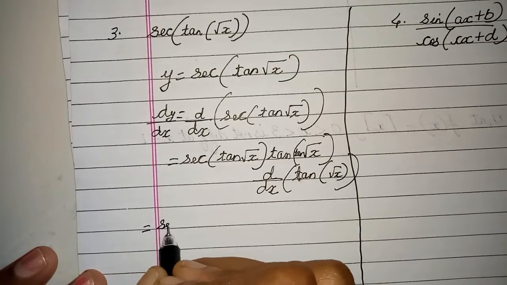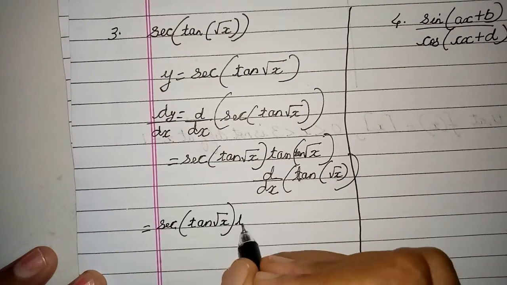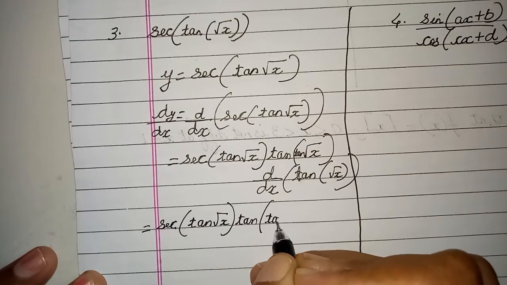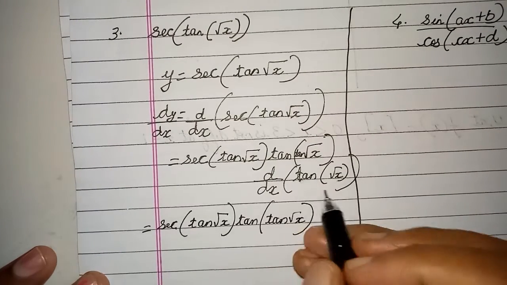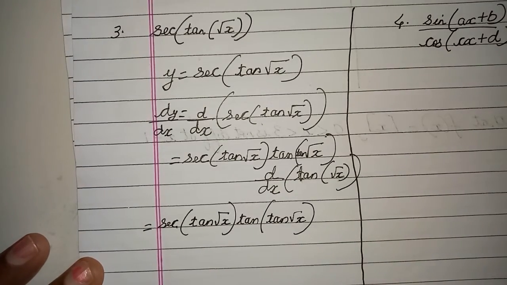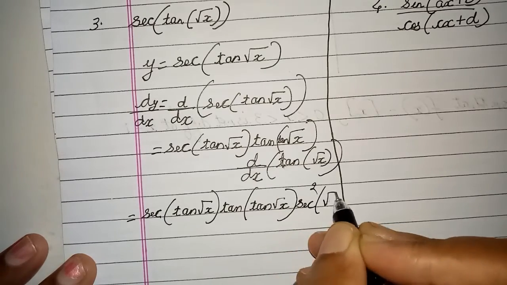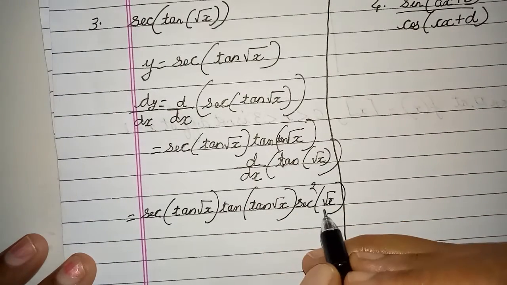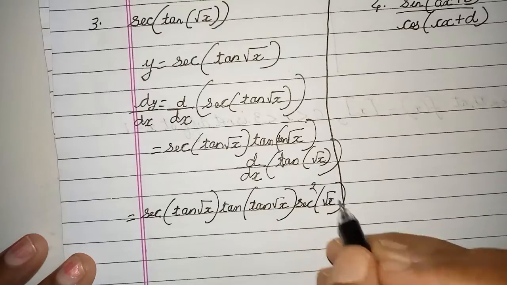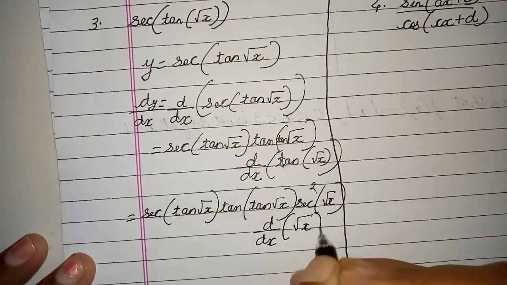So this amounts to sec of tan of root x, tan of root x. Now again this tan of root x is not in the standard form, so we have to attach its derivative again. The derivative of tan is sec square, so here it is sec square of root x, into again the derivative of root x, because root x is not in the standard form.